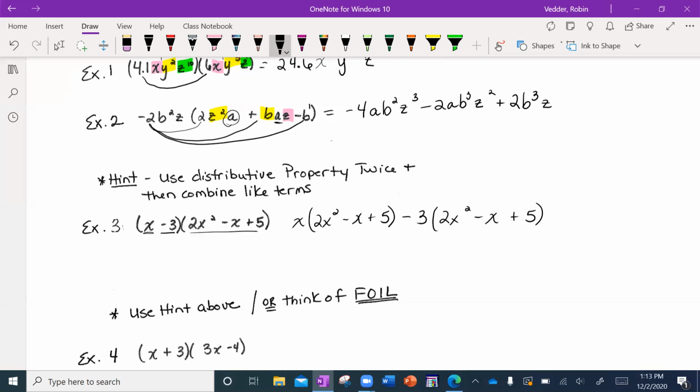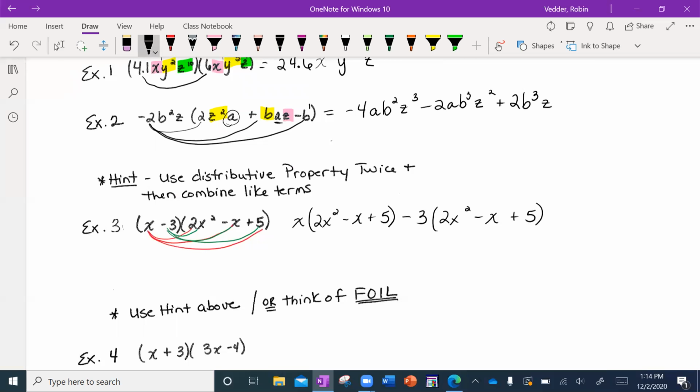Or the other way you could do it, which is actually the way that I do it, is you could first multiply the x by all 3 of these. Then you could multiply the -3 times all 3. Now again, whichever way makes more sense to you. Some of you guys are going to want to write it down like this, where you break it up and then multiply. Others are going to want to get straight to it.